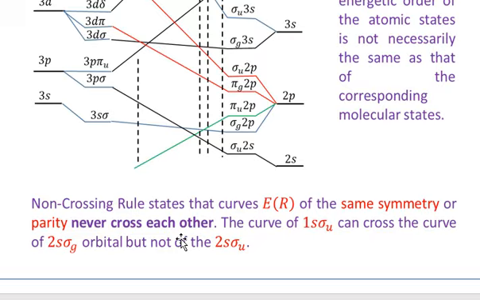So on the left hand side and on the right hand side, if you have energy curves E of R having the same symmetry or parity, then they will never cross each other. The curve of 1sσu can cross the curve of 2sσg orbital, but not that of 2sσu, because 1sσu and 2sσu have the same parity, so they will not cross each other. But 1sσu can cross the 2sσg curve, because they have different parities.